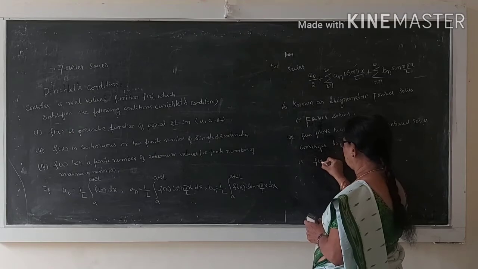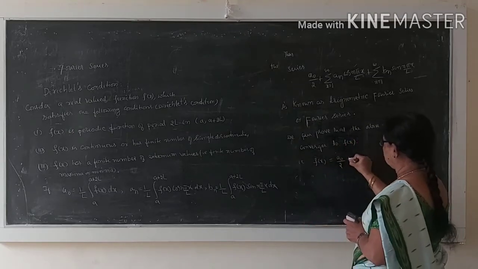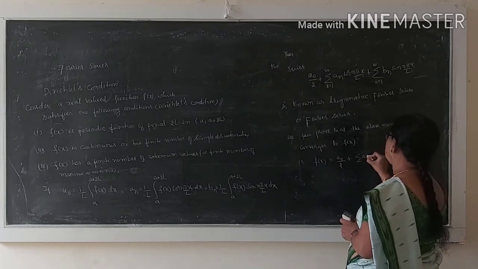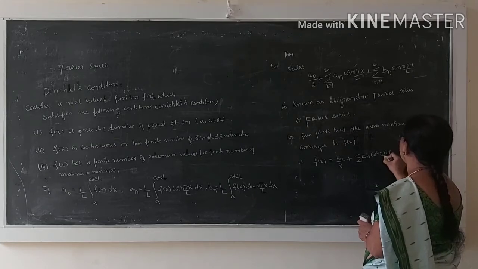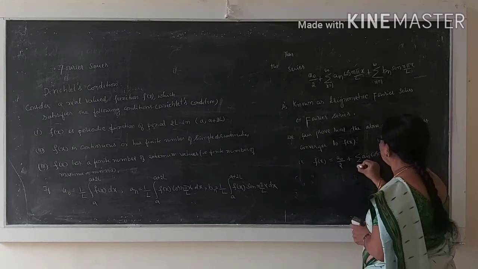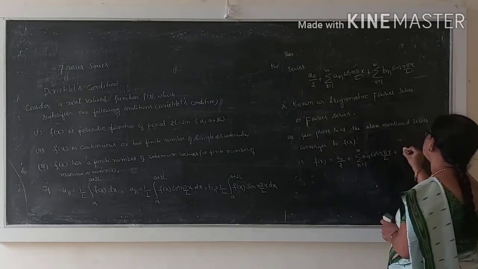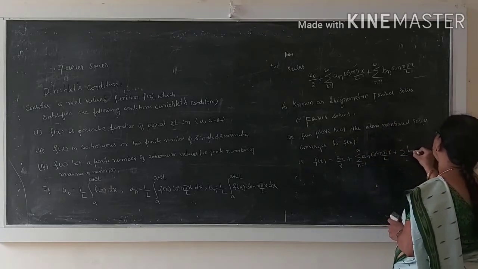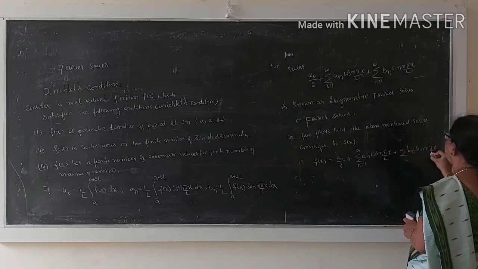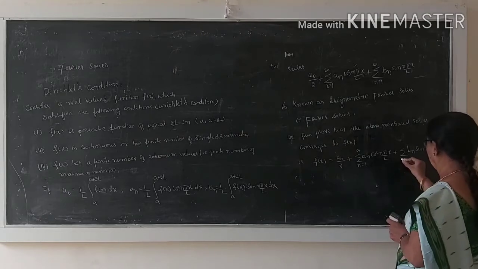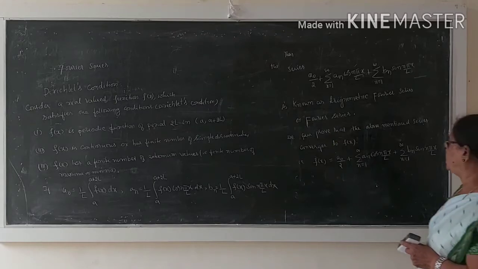f(x) is equal to a0 by 2 plus summation an into cos(nπx/L), where n ranges from 1 to infinity, plus summation bn into sin(nπx/L), where n ranges from 1 to infinity.